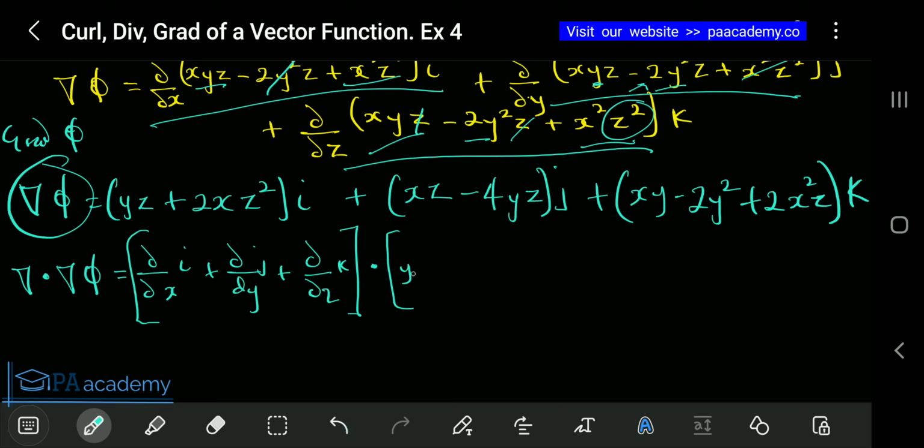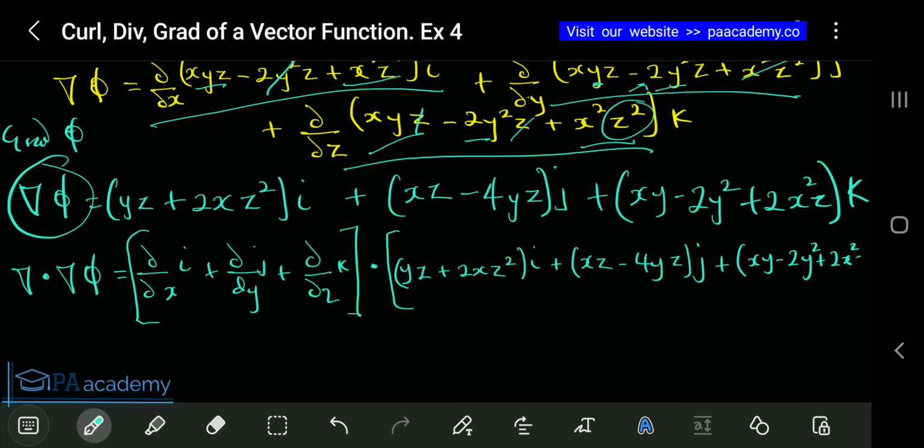So that will be yz plus 2xz squared i, plus xz minus 4yz j, plus xy minus 2y squared plus 2x squared z and then k. So just take note, there's a k here.